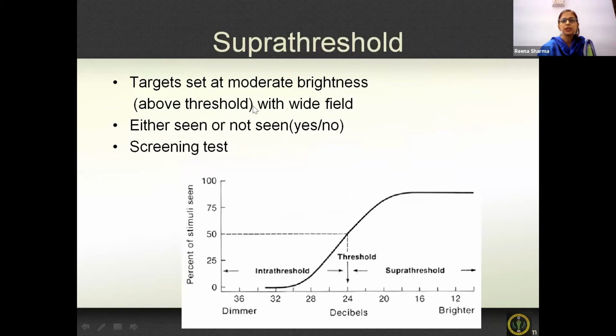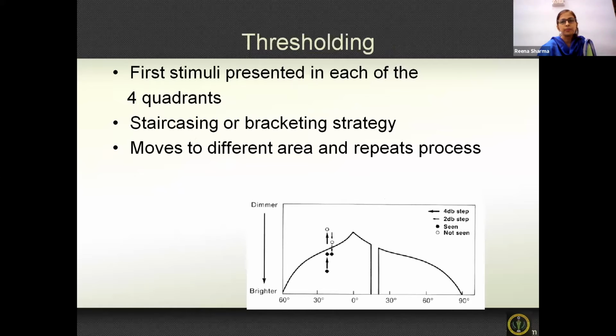What do we mean by the term suprathreshold? The targets shown to the patient are set at moderate brightness, slightly better than threshold, and the patient is asked whether he can see the target or not. So it's a yes-no response, and therefore suprathresholding is used primarily as a screening test and is being replaced by thresholding methods nowadays.